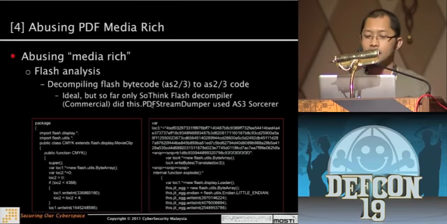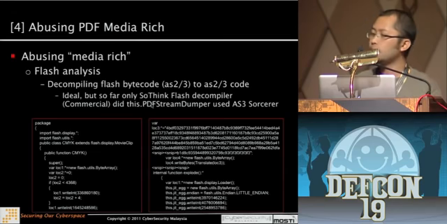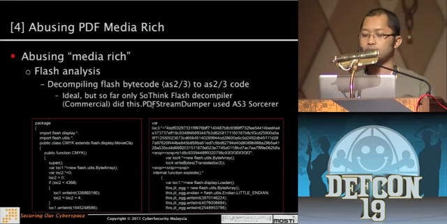So for the Flash analysis, it's very ideal for us to decompile Flash bytecode, normally from AS3 or AS2 back to AS2 or AS3 code. Ideally, but so far I saw there are only two pieces of software that do proper decompiling on this one, but they're commercial, so you cannot integrate this kind of tool within your parser.